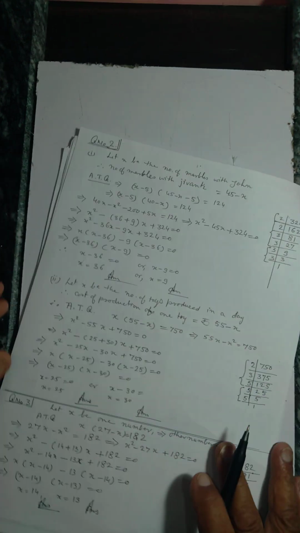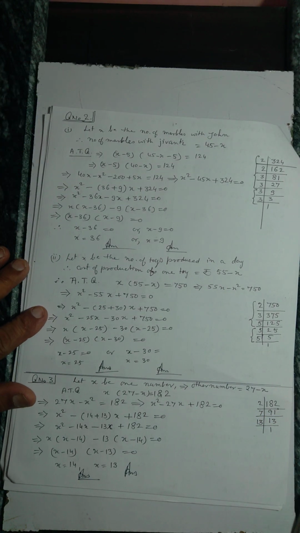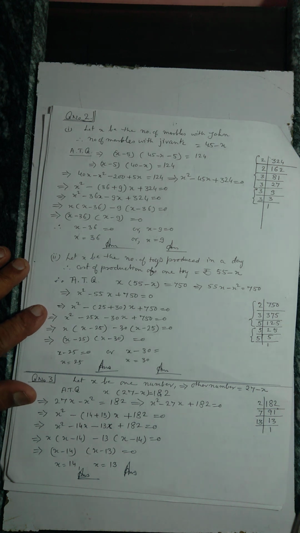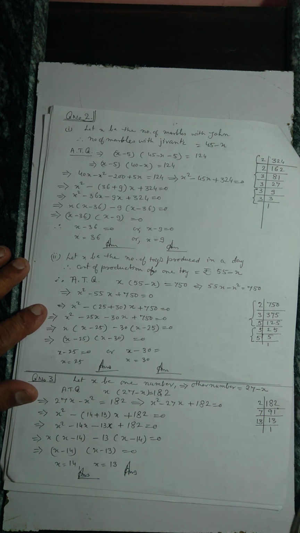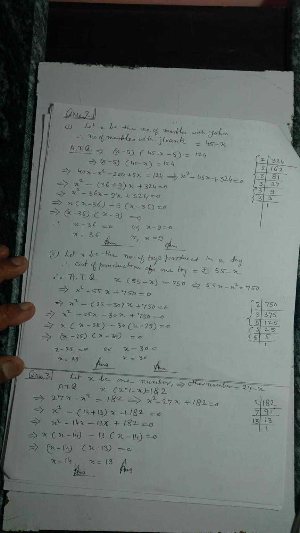Now question number 2. Solve the problem given in example 1. You see, I am reading it. John and Givenchy together have 45 marbles.